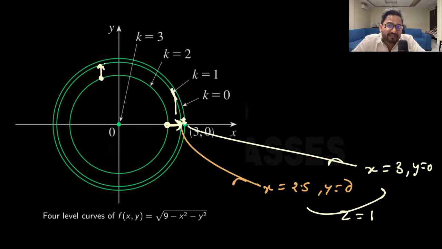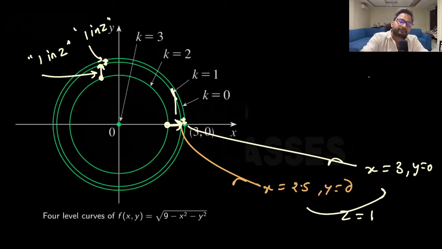But if I want the same change in z, just one change in contour, I need to put in only a little bit of effort here, from here to here. So by changing only a little bit in y, I get the same change of 1 in z. Are you getting my point?